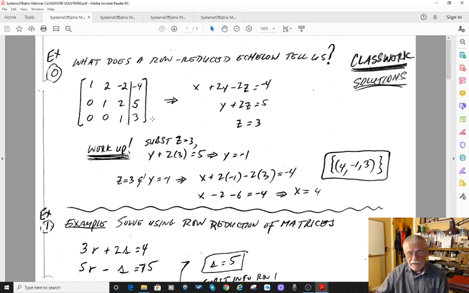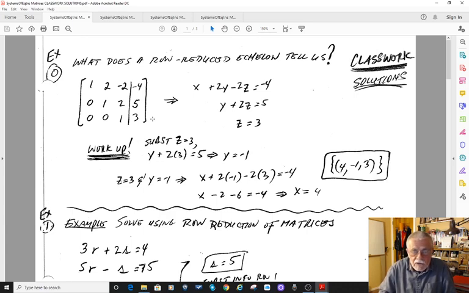And we're allowed to use certain applications of what we do to the rows. We're allowed to interchange rows, we're allowed to multiply one row by a constant, and then we're also allowed to multiply a row by a constant and add it to another row.